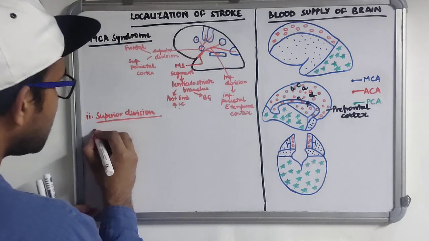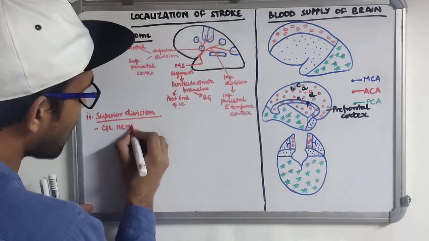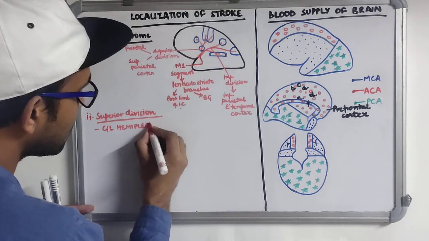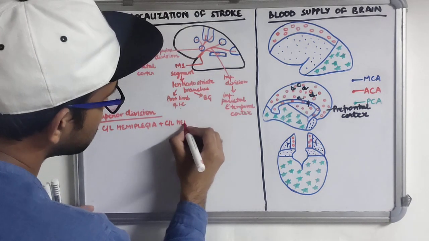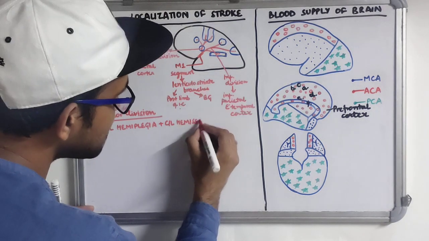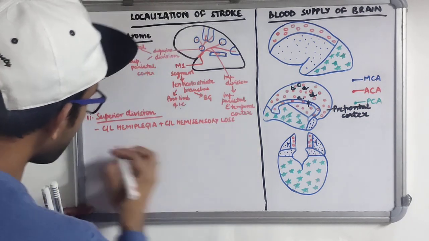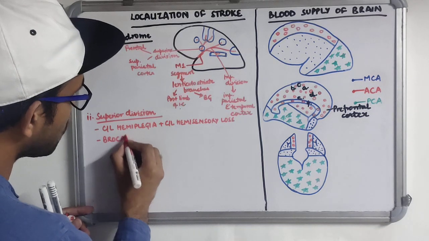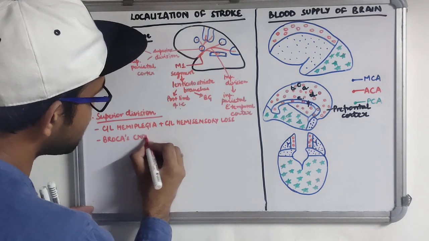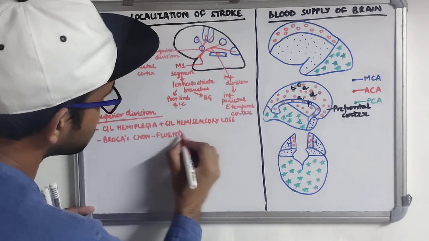So there will be contralateral hemiplegia due to involvement of the primary motor area. Plus there will be contralateral hemisensory loss due to involvement of the primary somatosensory area. And apart from this, the patient has Broca's aphasia, which is also known as non-fluent aphasia, due to involvement of the motor speech area.